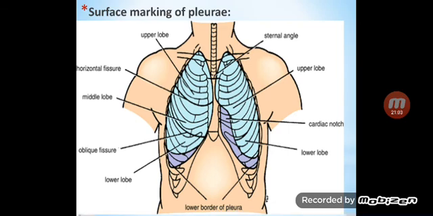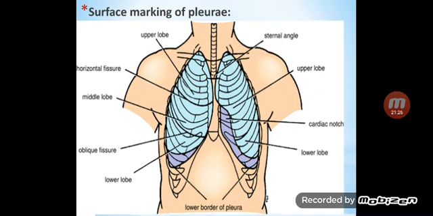What about the inferior border? The inferior border is the same in the right and left lung. It passes downwards and laterally from the xiphisternal joint and crosses the ribs at different lines.